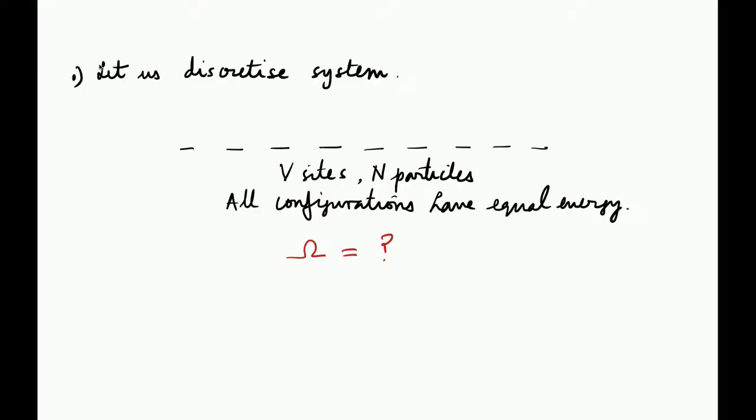What is omega for this? Omega is the number of microstates. What is the number of microstates for this problem? I have V sites and n particles. They have no interaction, meaning no particle sees any other.